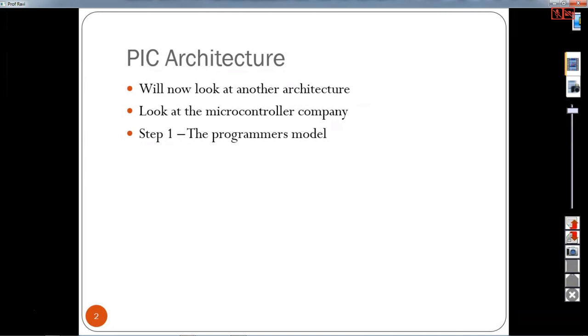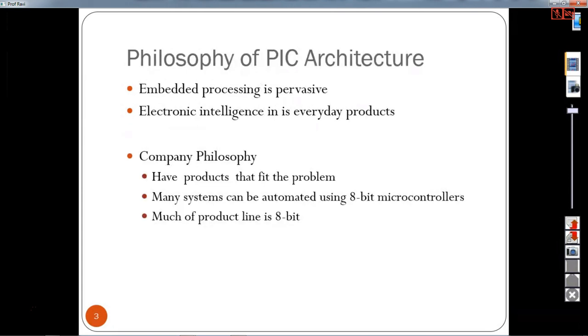Now, why do we need the PIC architecture? This is used in embedded processing. That means embedded processing is pervasive, meaning we need electronic intelligence every day in products.